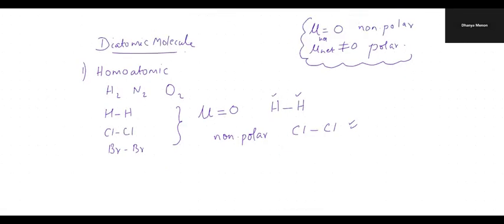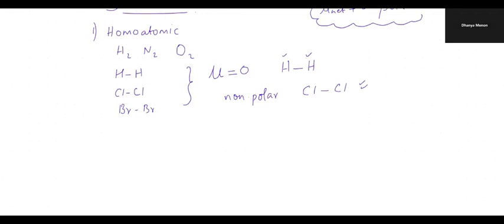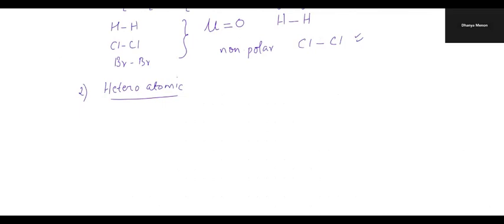Then here we will come to a lot of cases. Heteroatomic. In heteroatomic, a molecule is made up of two different types of atoms. For example, HF. This is heteroatomic, or HCl. This is also heteroatomic. Two atoms, different atoms.